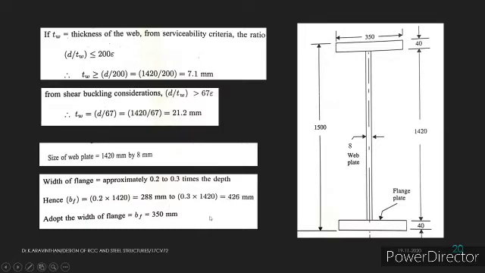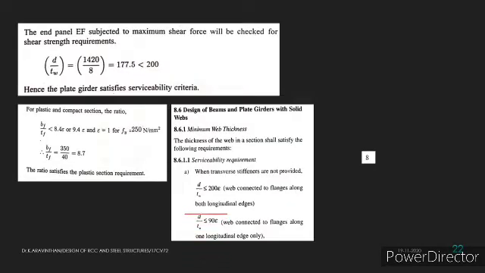Hence, in between this, we are following 350 mm as the breadth of flange. Now we have arrived at the breadth of flange, and the thickness of web is also assumed according to the guideline.